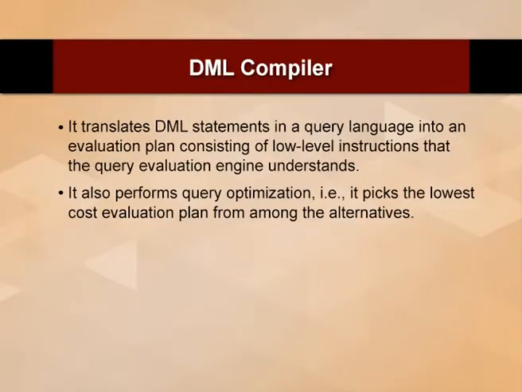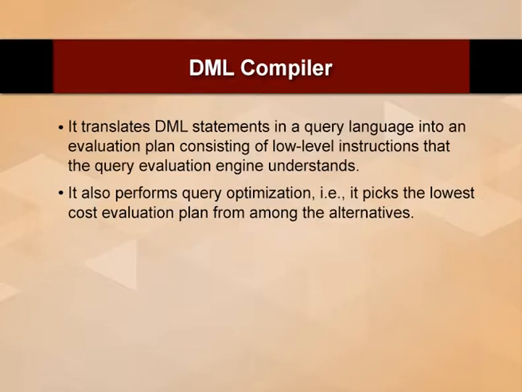Then comes the DML compiler. It translates the DML statements given in the query language into an evaluation plan consisting of low level instructions that the query evaluation engine understands. So, this compiler is nothing but an interface between the statement given and the query evaluation engine, converting and telling it that this is the kind of command given by the user, fetch the data from the storage.